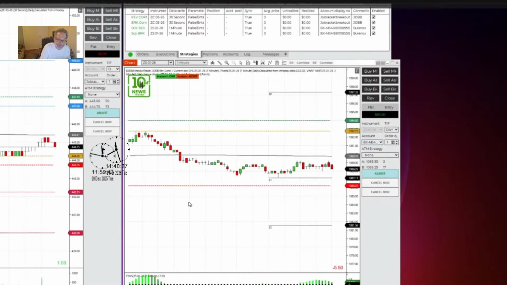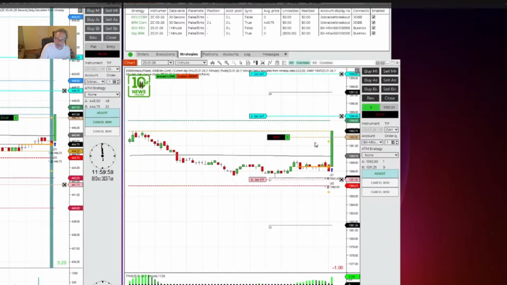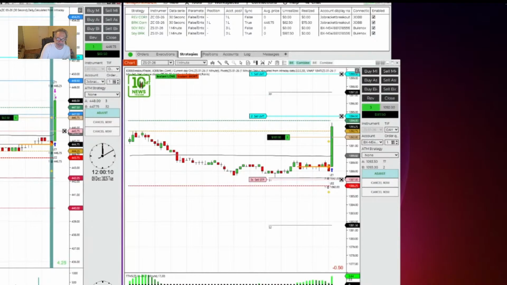So this is good. December WASDE. Soy on the right, corn on the left. Got part of the first target on corn, moved to break even.